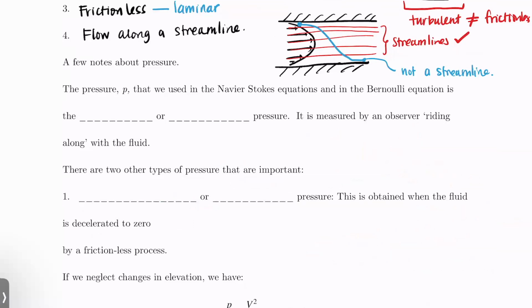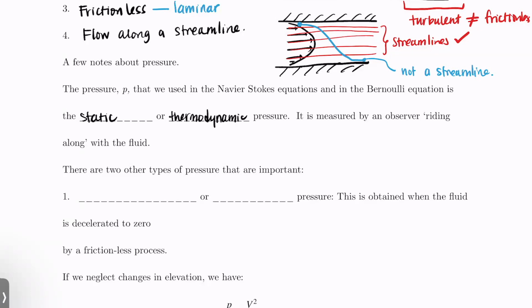The first one is that the pressure that we're using in the Navier-Stokes equations and in the Bernoulli equation is called the static pressure. It's also called the thermodynamic pressure. This is measured by an observer riding along with the fluid.